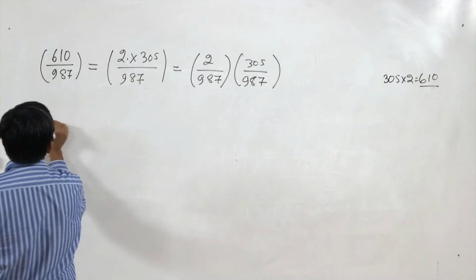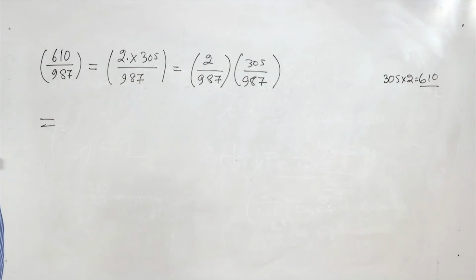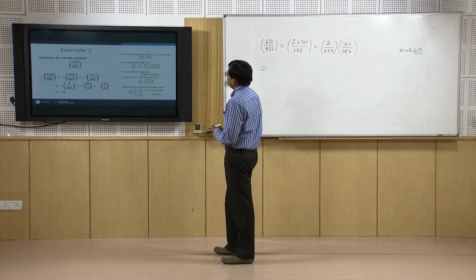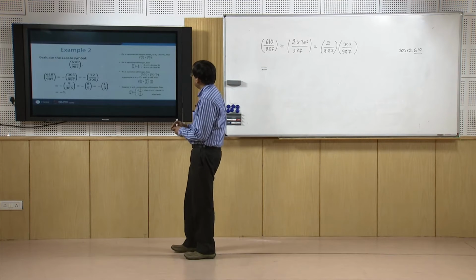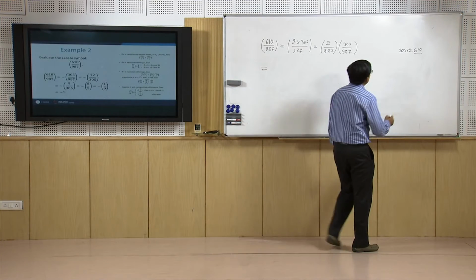Now, we ask the question, what is the value of n mod 8, that is 987 mod 8.